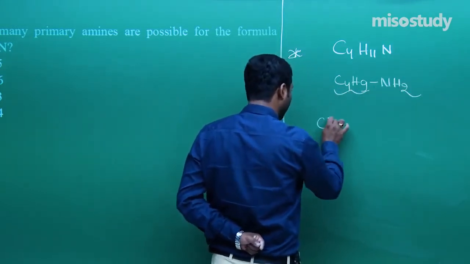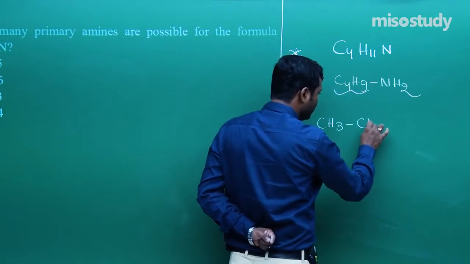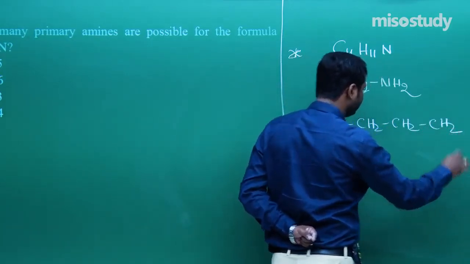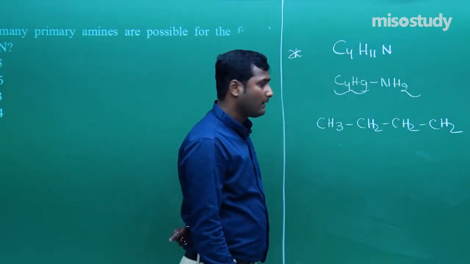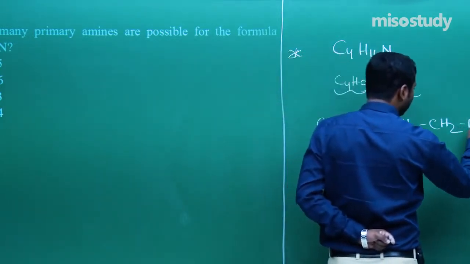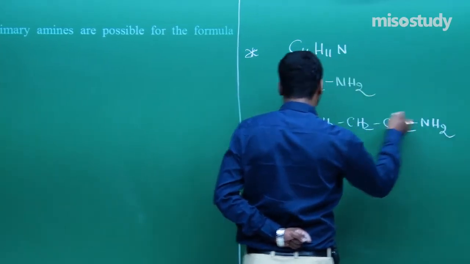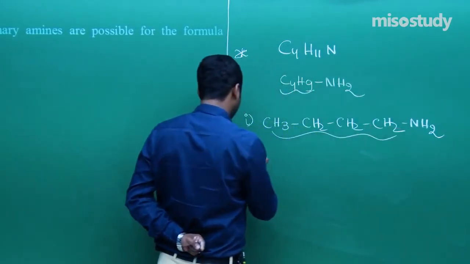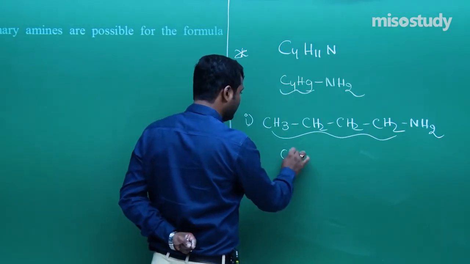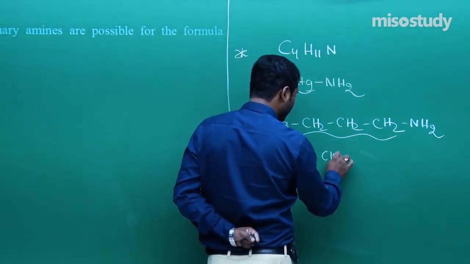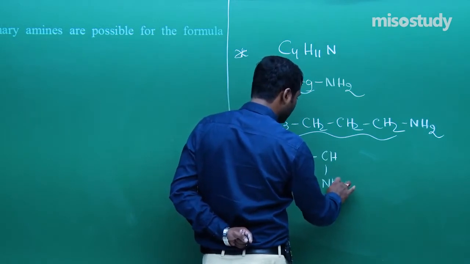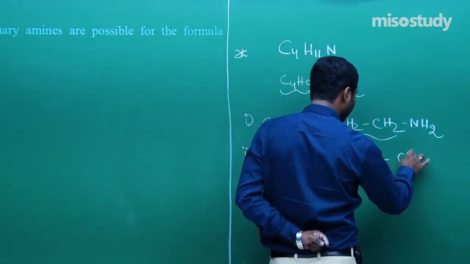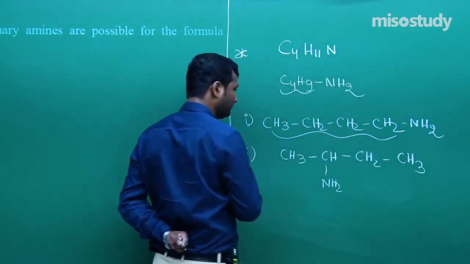First, if I write CH3, CH2, CH2, CH2, then NH2, this is the first one. Now change them. If I write CH3, CH, NH2, then CH2, then CH3, this is the second one.